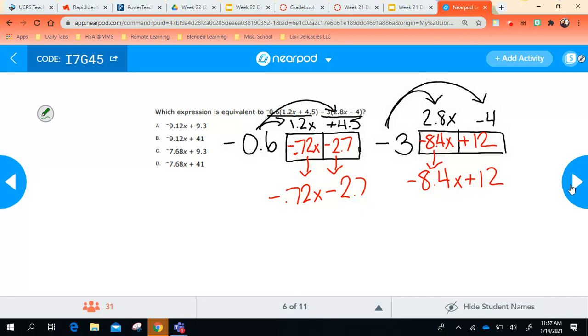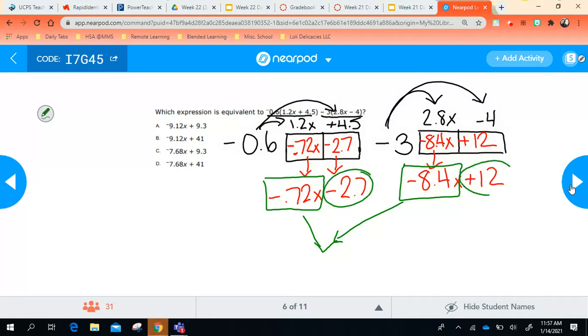What I mean by similar is, if I have this number that has x, it can only be added or subtracted to this term that has x. I cannot combine it with a whole number or a decimal that does not have a variable. So I'm going to go ahead and put those together. Then I would put negative 2.7 plus 12, and then those would go together. Go ahead and combine those.